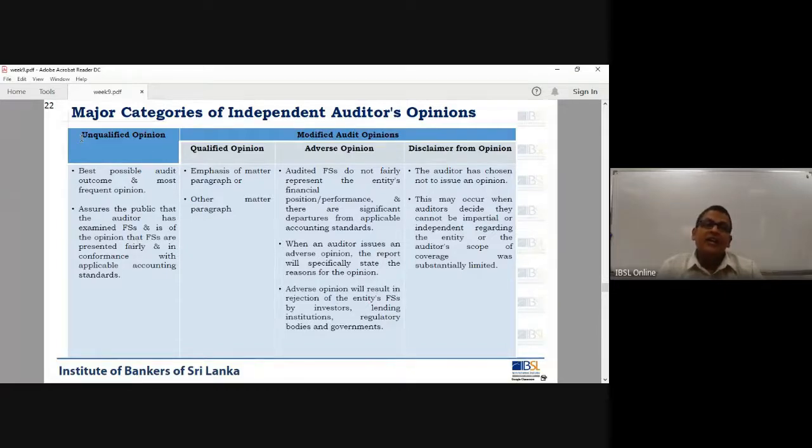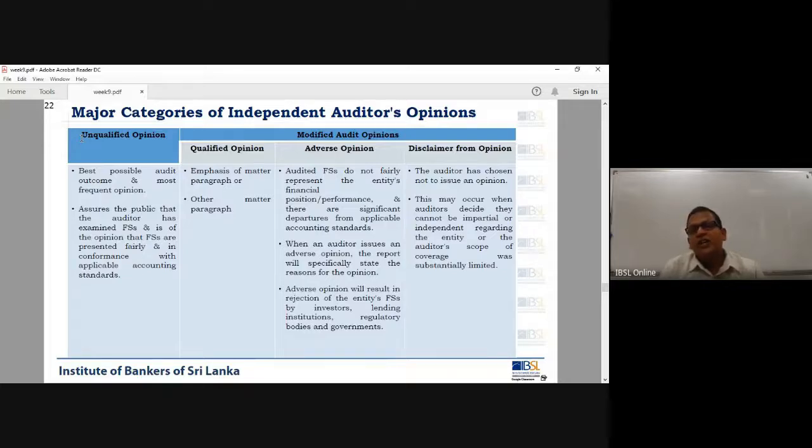Unqualified audit opinions are the best available audit opinions. Otherwise, if there are some issues in the accounts and books, then the auditors have the choice of giving a modified audit opinion.